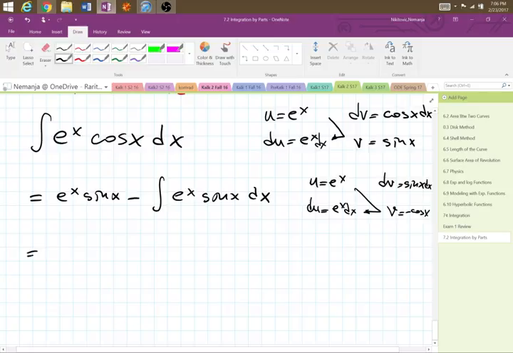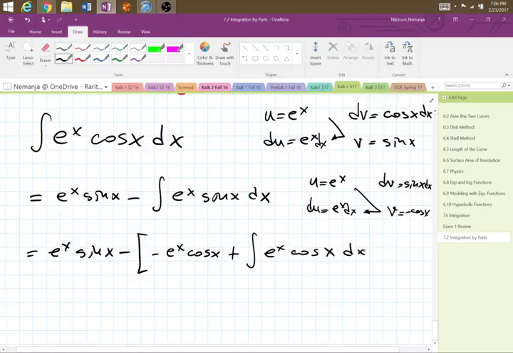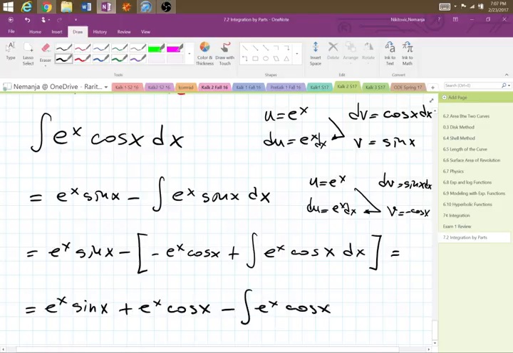We have to copy the old e to the x sine x minus, and then we have the bracket where we go and say negative e to the x cosine x, and then minus, and minus gives me plus integral of e to the x cosine x dx. And then we get rid of these brackets. So e to the x sine x, minus and minus gives me plus e to the x cosine x, and then minus the integral of e to the x cosine x dx.